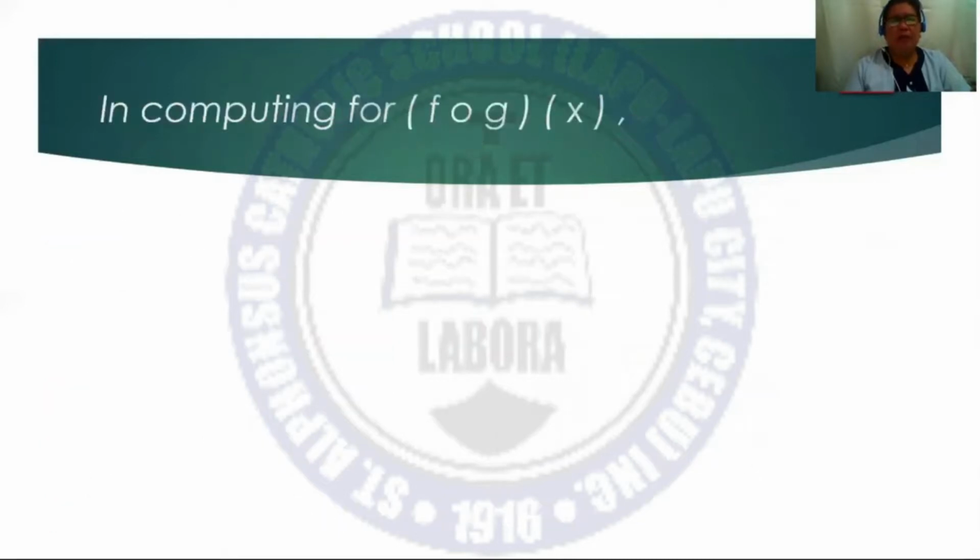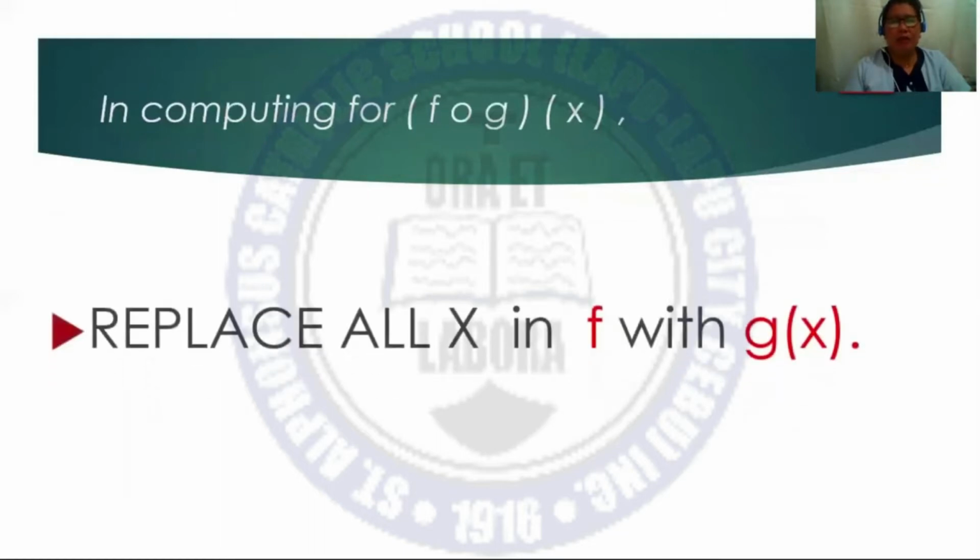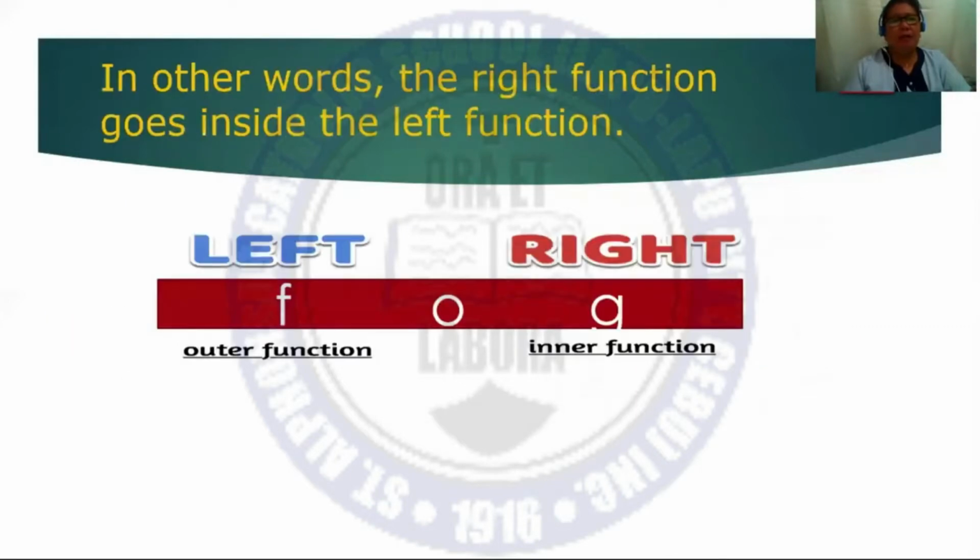In computing for f circle g of x, all you have to do is replace all x in f with g of x. In other words, the right function goes inside the left function. F here is the outer function, and g is the inner function.